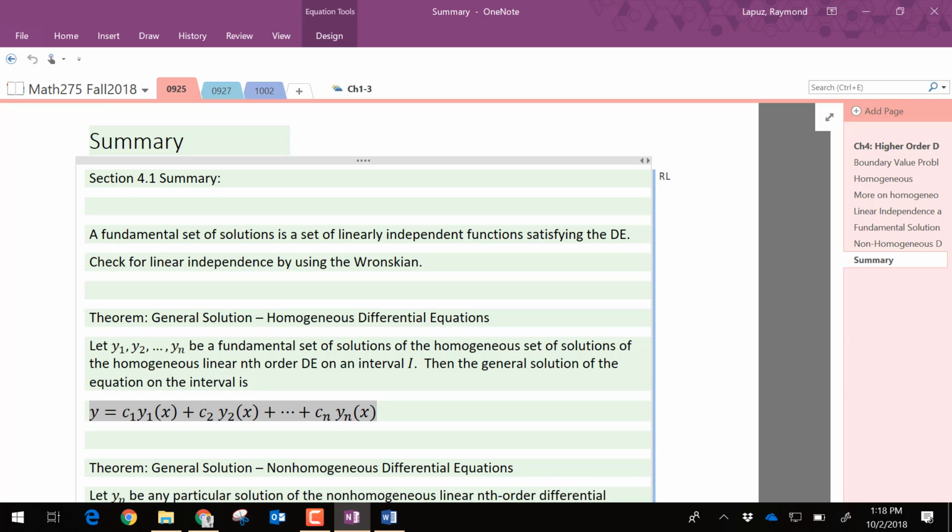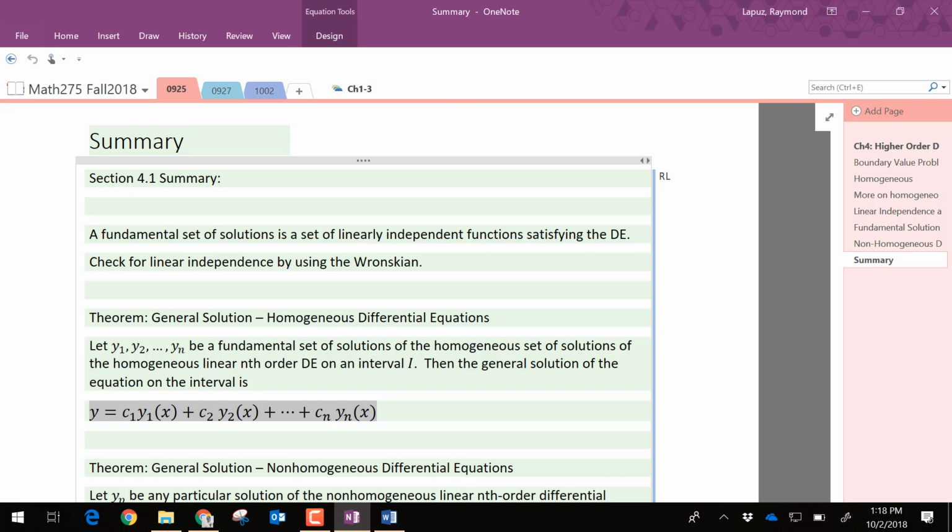So the only way to get around getting rid of these constants at this point is if you have an actual IVP, initial value problem. So you would use your initial conditions, two of them, to help solve for the two variables. Does that answer your question? More or less? Okay. Anything else?